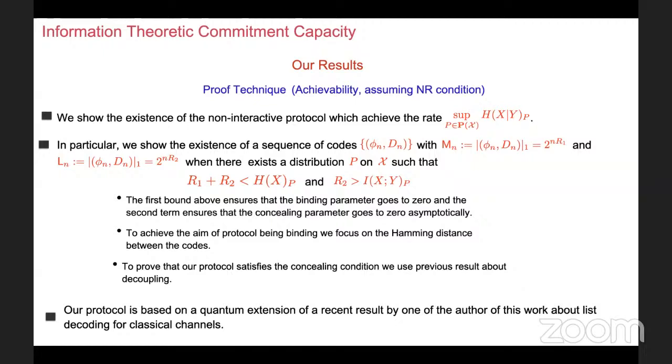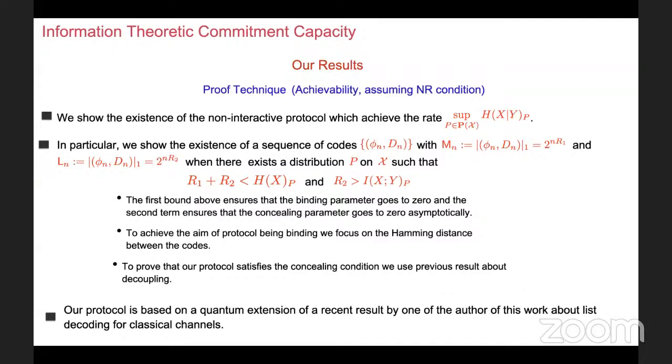Here you see that we have an upper bound on R1 plus R2, and that is to make sure that Alice is not cheating, that is, she is not revealing some arbitrary message to Bob, and if she does that, then that message is not accepted with high probability. We concentrate on the Hamming distance between any two pair of codes.